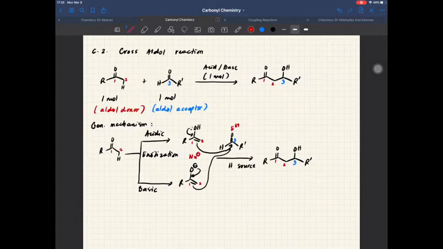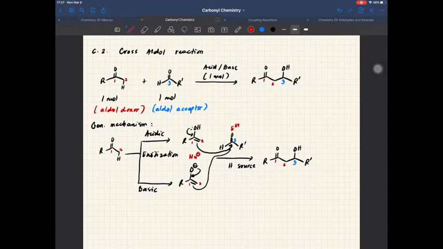Okay, the next reaction here is what they call the cross-aldol reaction. So the previous reaction is self-aldol reaction, but what we have here is a cross-aldol reaction. So in cross-aldol reaction, we have a different source of nucleophile and a different source of electrophile. So the source of nucleophile is what we call an aldol donor, so the one that enolizes or the one that forms an enolate or enol.